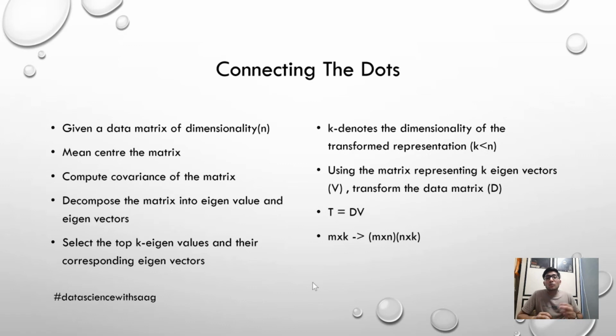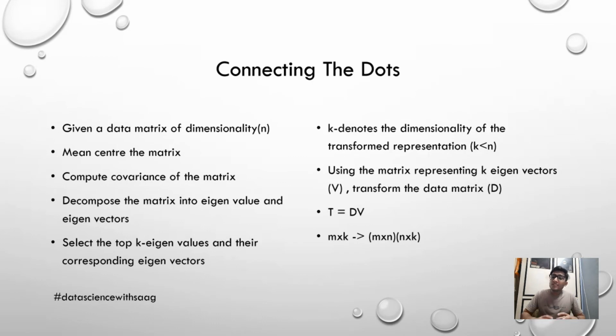Because we are to reduce the dimensionality n to dimensionality k, we select the top k eigenvalues and their corresponding eigenvectors. Now, k denotes the dimensionality of the transformed representation. Using the matrix representing the k eigenvectors, the matrix we saw in the last image, we transform the original data matrix and constitute a new data matrix with dimensionality m cross k.